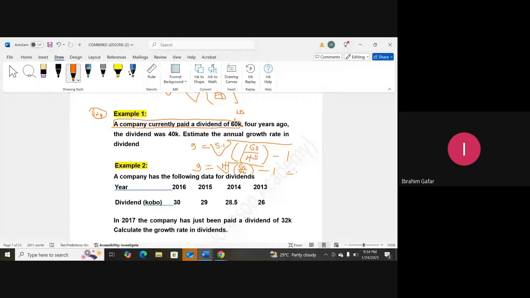Let me also confirm it here myself so that I'll be on the same page. So what I got here is 12.5%.